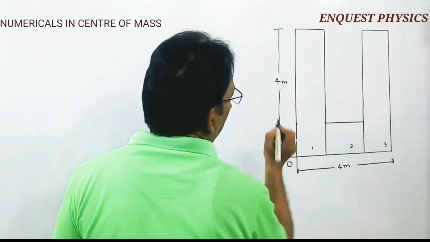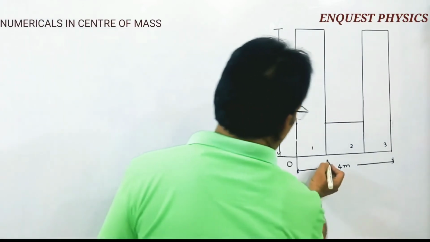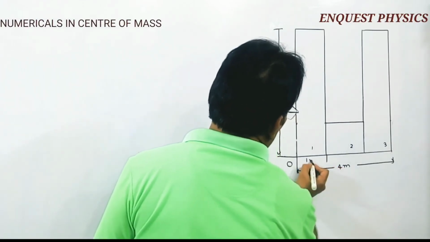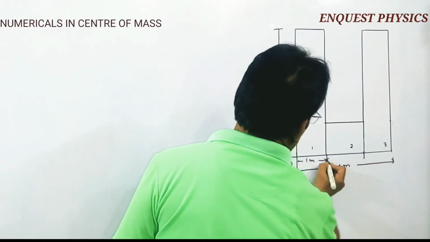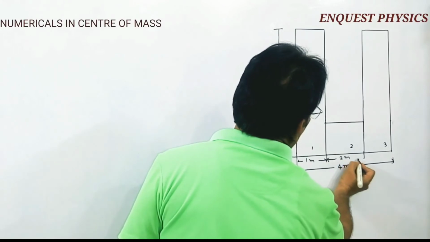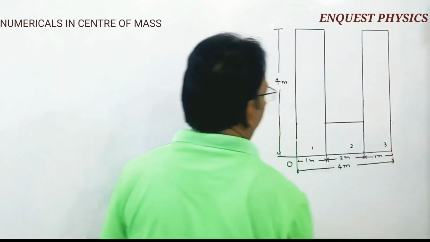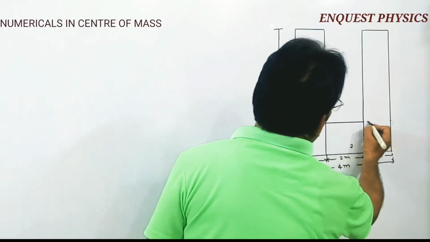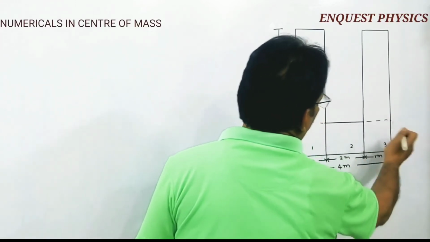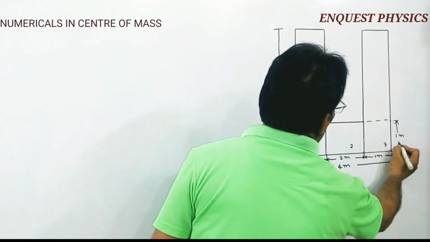Maybe they look weird, and say this length is 1 meter and it is 2 meter and it is 1 meter. Obviously, let's take the height of this block is equal to 1 meter. Okay students.